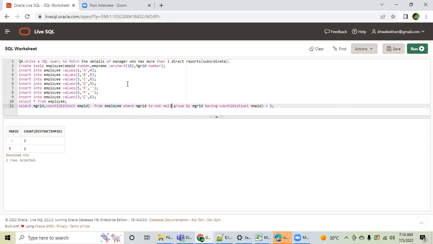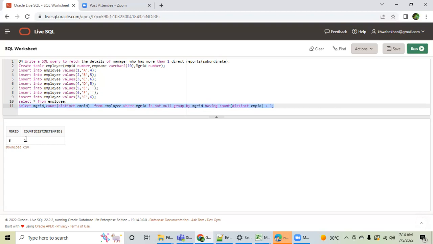It means I don't want to see this manager ID wherever it is null. Is null and is not null, have I taught or not? Yes. So with manager ID is not null, you are getting only manager ID 5 and count of distinct employee ID is 2.